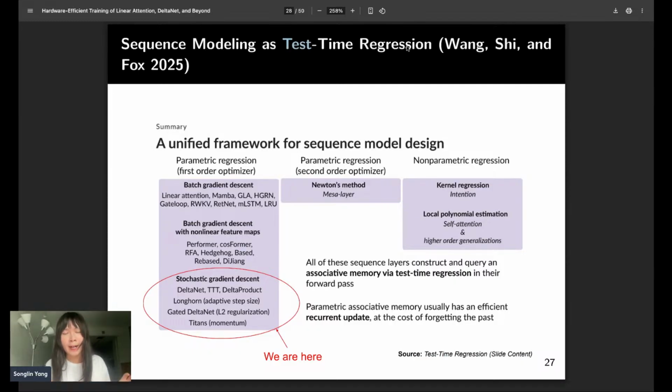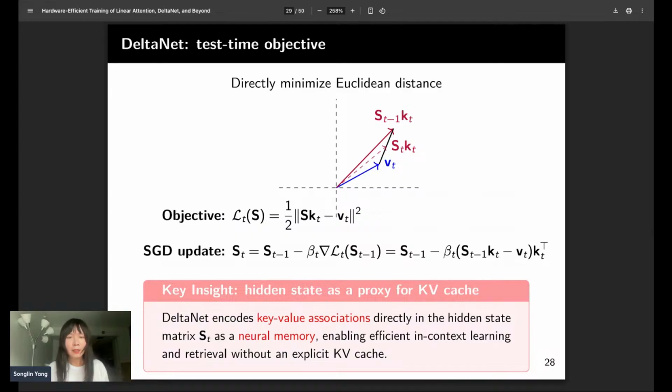It categorizes many recent sub-quadratic sequence modeling approaches into several categories. Delta Net has an online learning objective, and it uses stochastic gradient descent to optimize it.